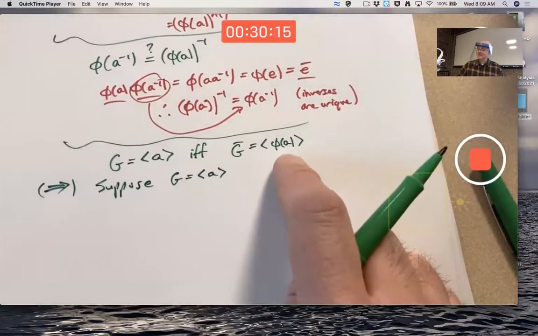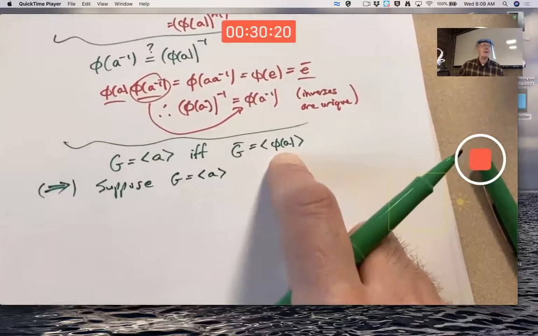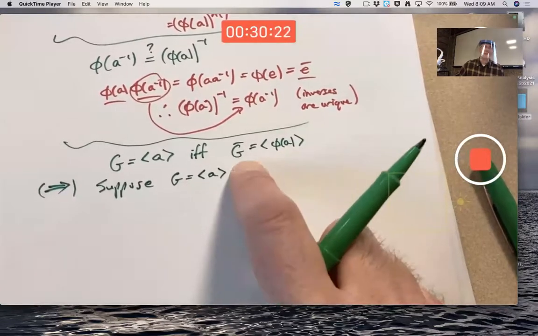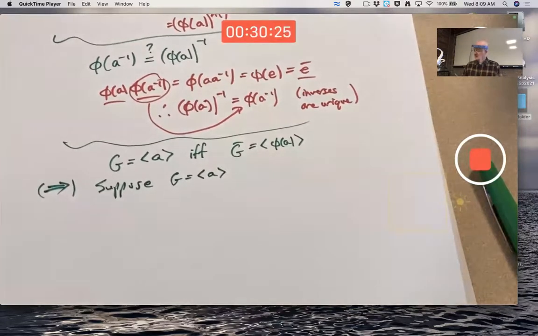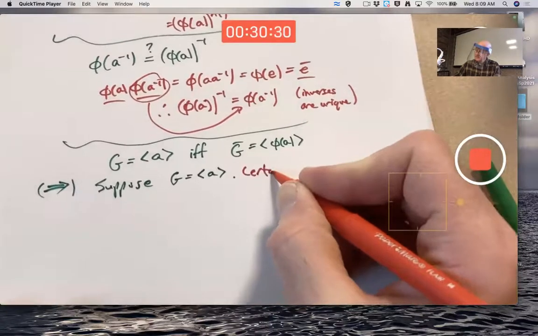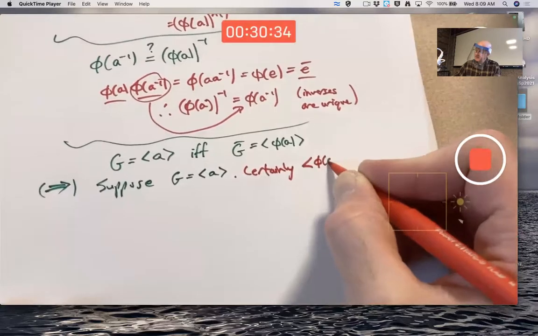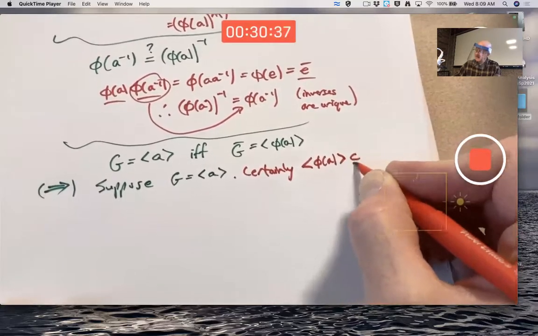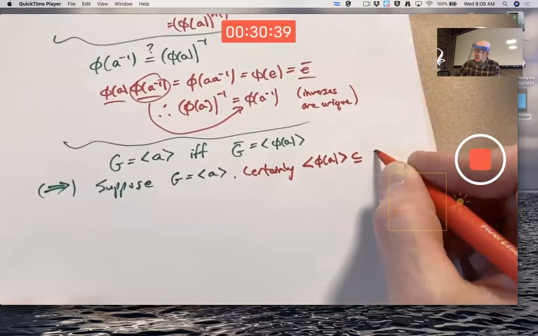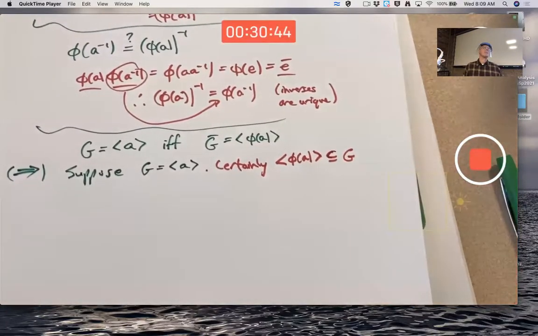Certainly, listen carefully, certainly this set that I'm pointing at right now is a subset of that set. Certainly, I'll write it this way. The cyclic subgroup generated by phi of A is a subset. You could even say a subgroup of G bar. I'll just write it as a subset. We're trying to show two sets are equal.